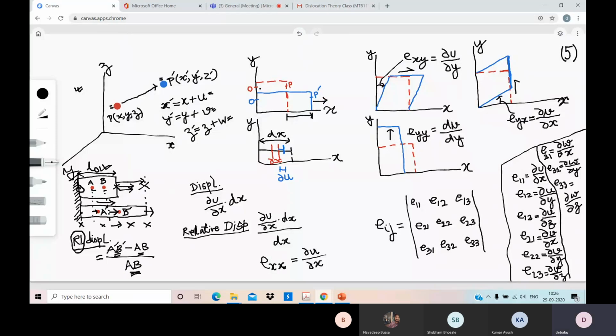For example, take this diagram, which is 2D; we are just taking the xy plane, and on the xy plane we are showing a body. The initial body is indicated by red dotted lines, and the final position of the body is indicated by the blue line.